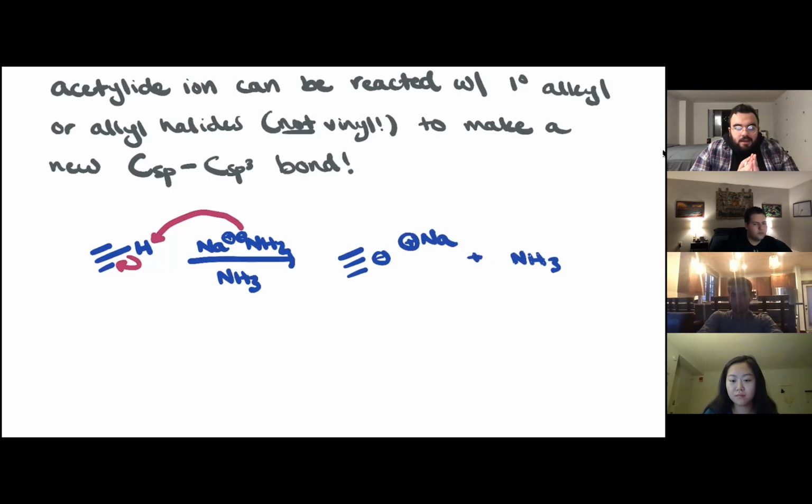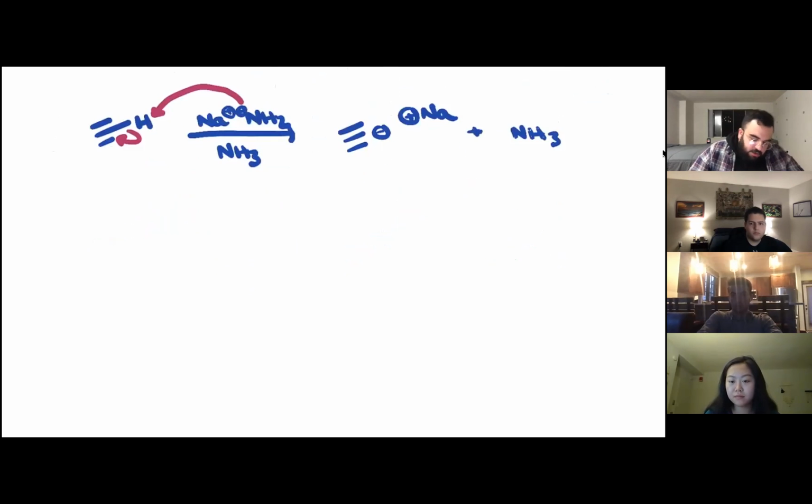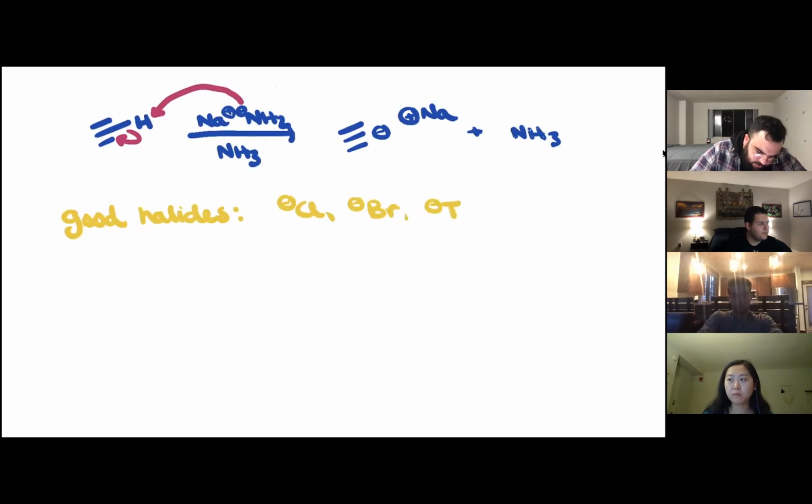Okay. Now, when we do that, we can take this and react it with our primary alkyl halide. Now, for the halides that we can use, we want to use either chlorides, bromides, or iodides.